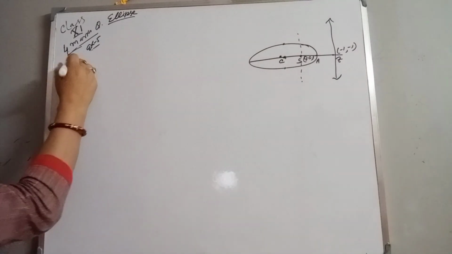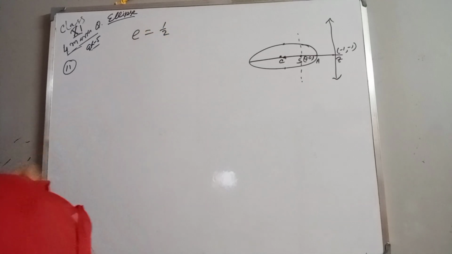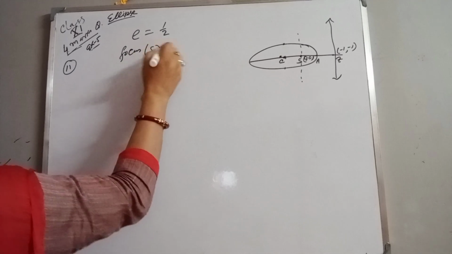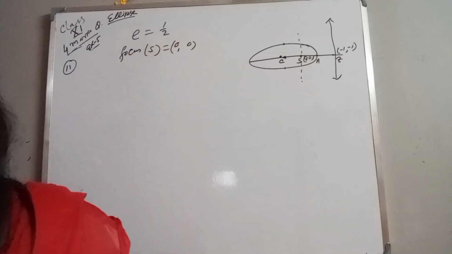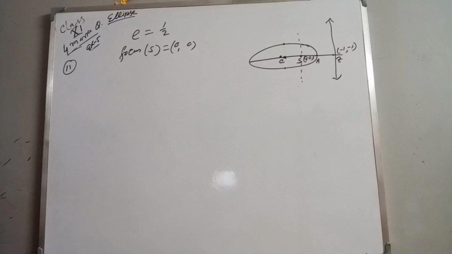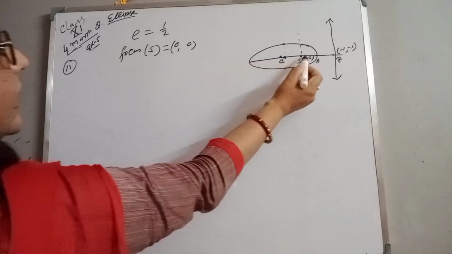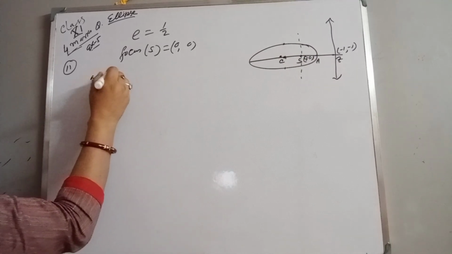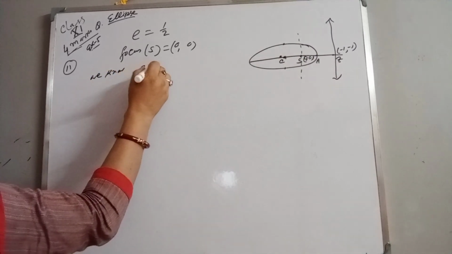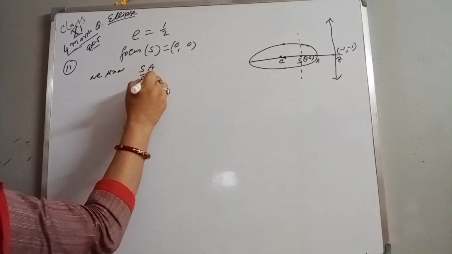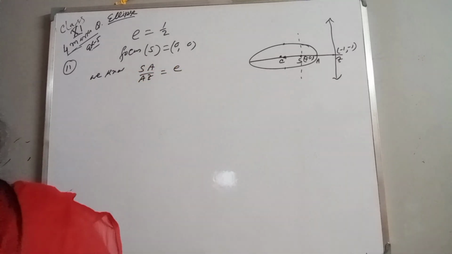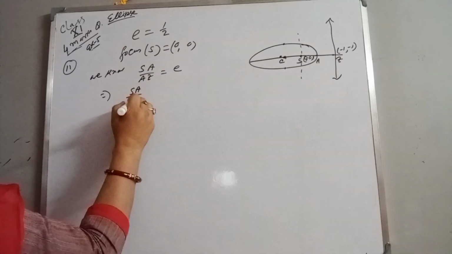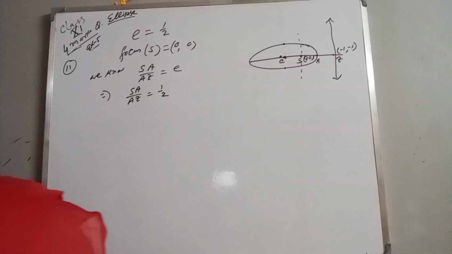Now what is given? Sum number 11 is the eccentricity given as a half. Focus, that is S, is given at 0, 0. We know SA by AZ is equal to E. We know SA by AZ is equal to E. Now E value already we know, so we can write SA by AZ is equal to half.